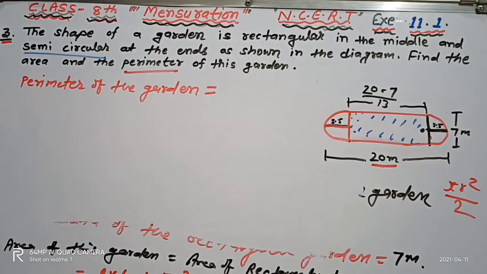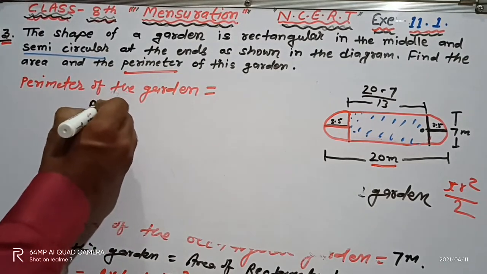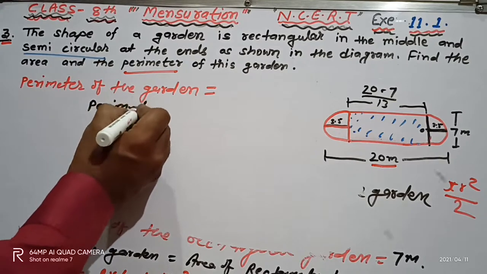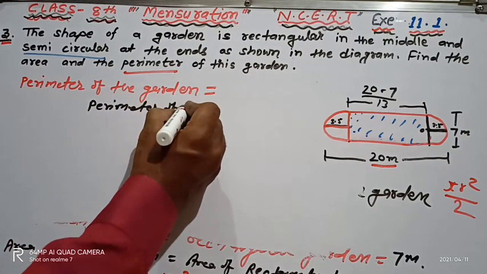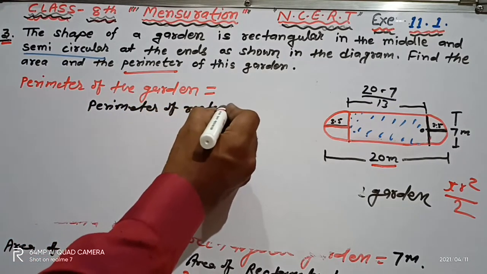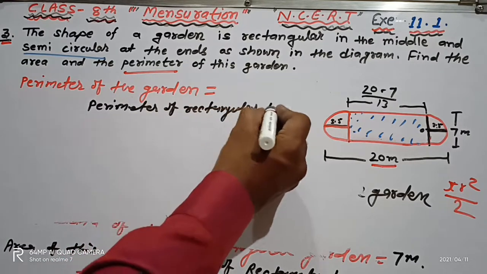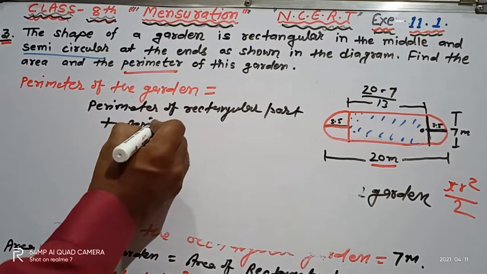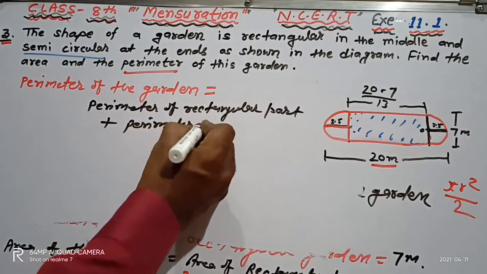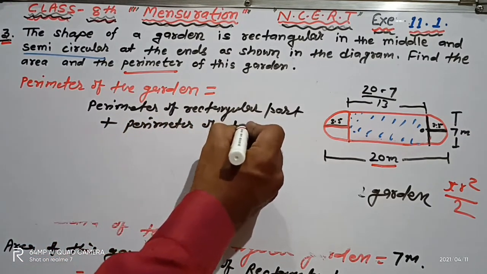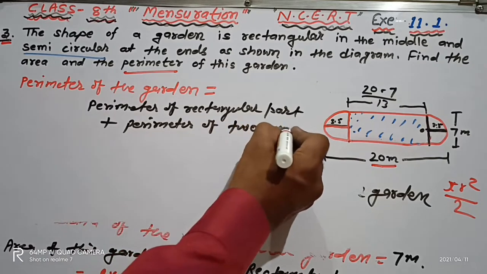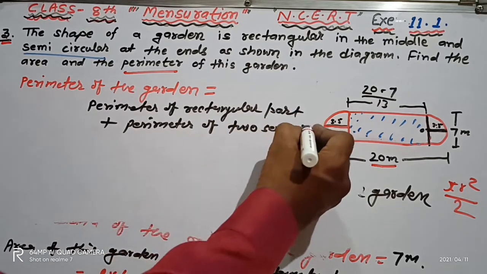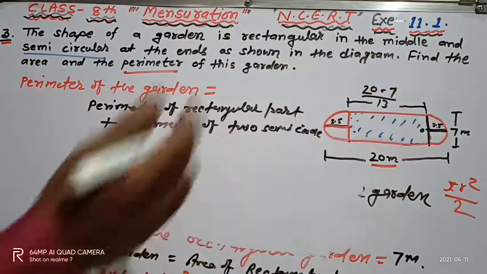perimeter of the rectangular part plus perimeter of the two semicircles, both semicircles.